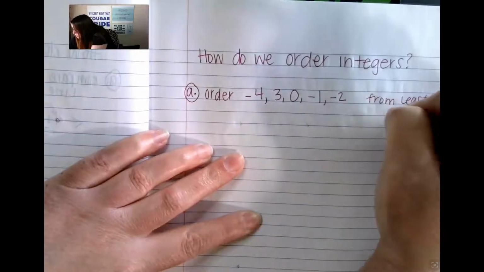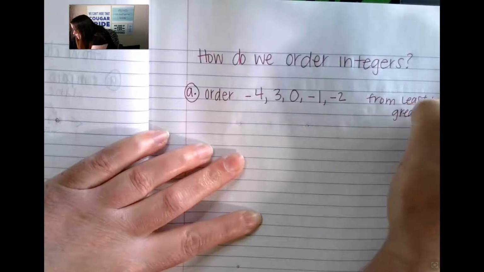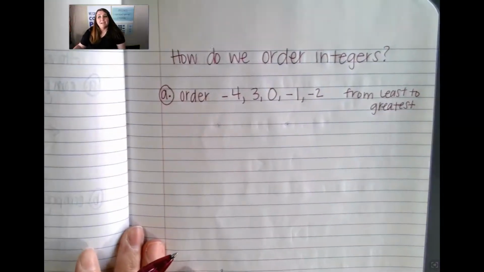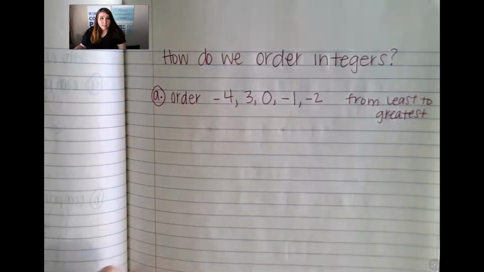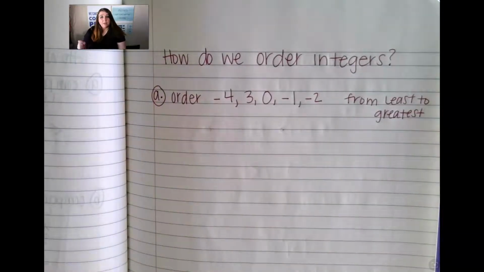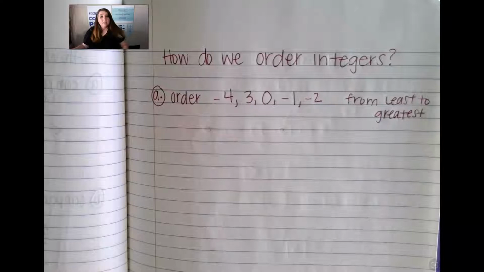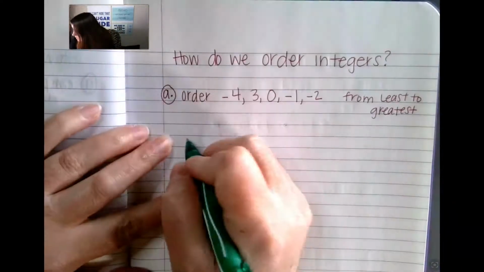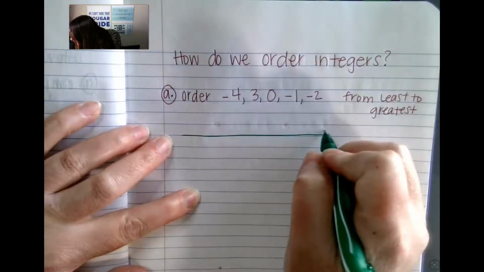In our lesson today, we're going to first look at making a number line. So how can we make a number line to represent all of these integers? Well, our first step is to graph them. So let's go ahead and make a number line.